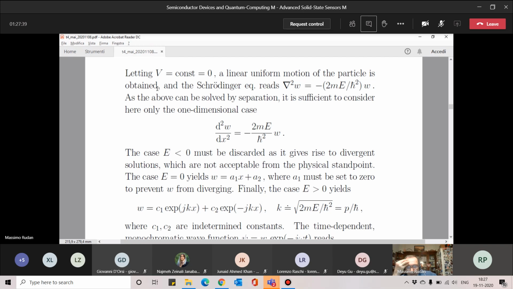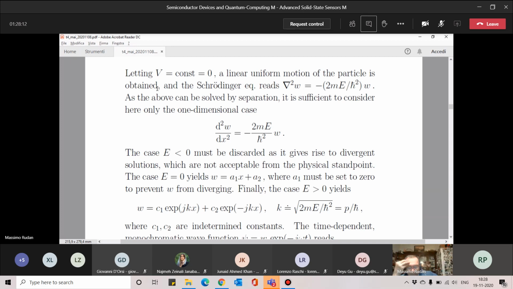But obviously, this solution diverges because when you let x go to infinity or minus infinity, W would diverge. So in order to prevent the divergence, we must set A1 to 0. So the conclusion is, in the case E equal to 0, W is just a constant, okay?